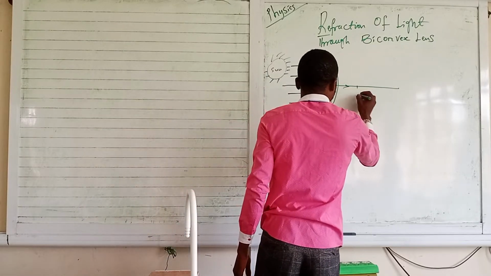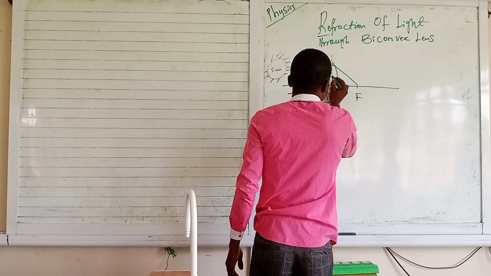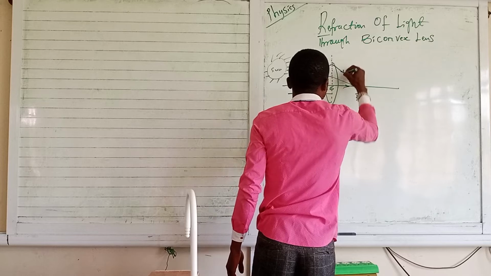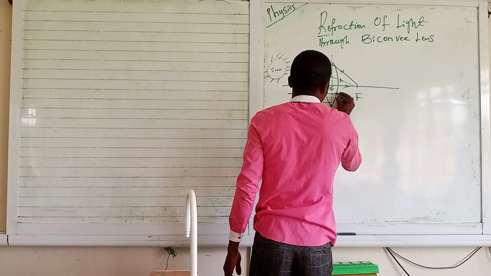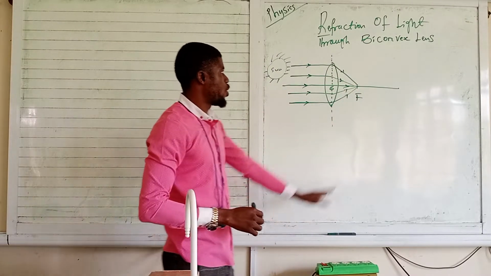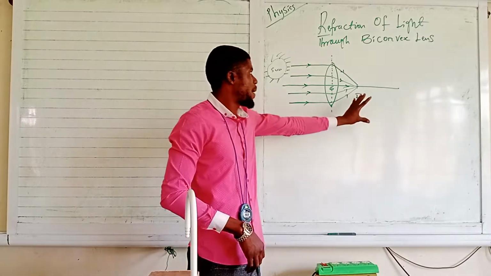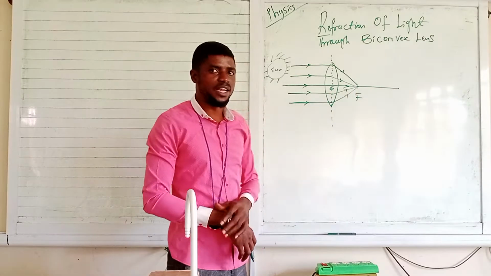They will converge at this point. That point of convergence is called the focal point of the lens. The focal point of the biconvex lens.